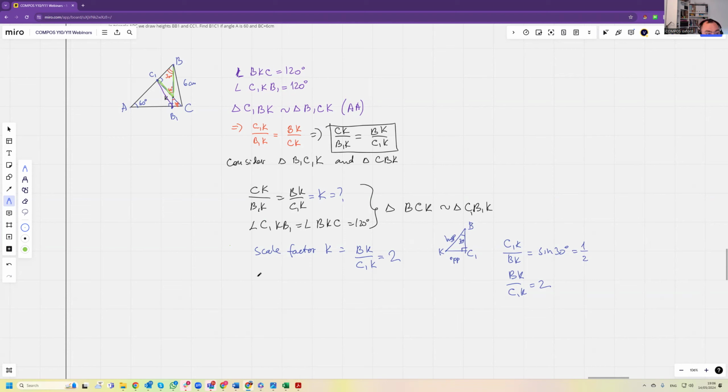Therefore, scale factor, therefore, B1C1 to BC is equal to 1 over K, which is 1/2, and therefore B1C1 is 1/2 multiplied by BC, which is 1/2 times 6, which is 3 centimeters. Ta-da! So this is 3 centimeters.